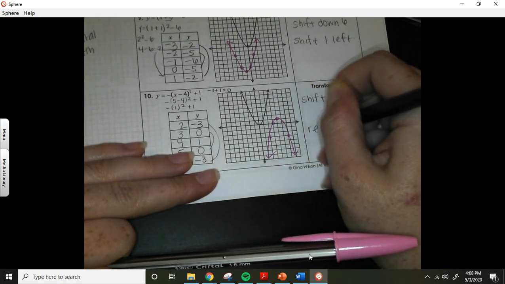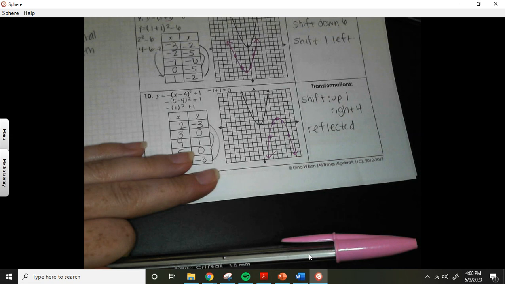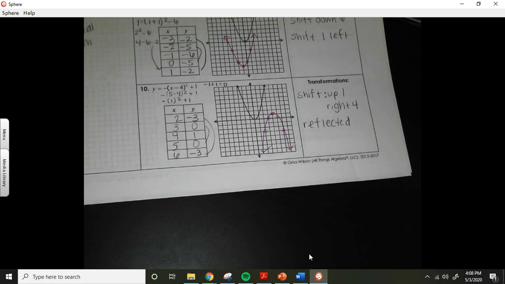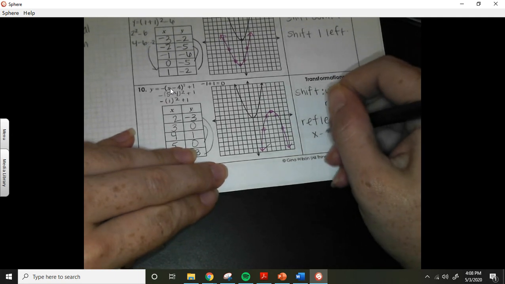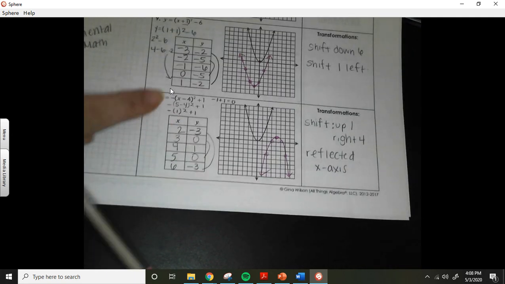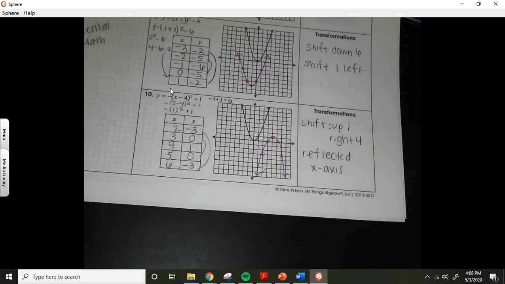And it also reflected. So if this is negative, what you're going to find is it's reflected over the x-axis. If this is negative, we're going to have a reflection in here. Okay. Let's go on to numbers 10 and 11.